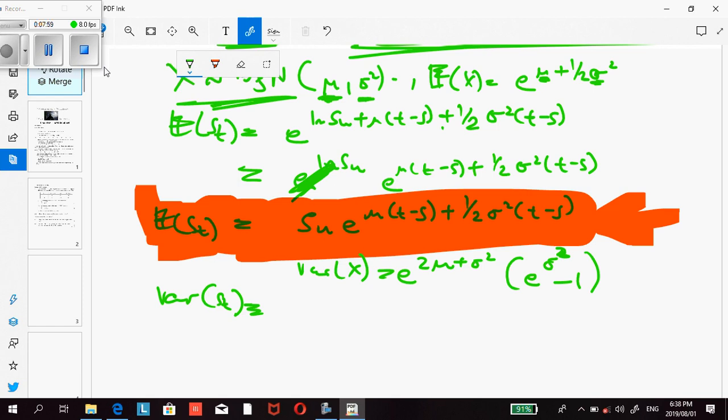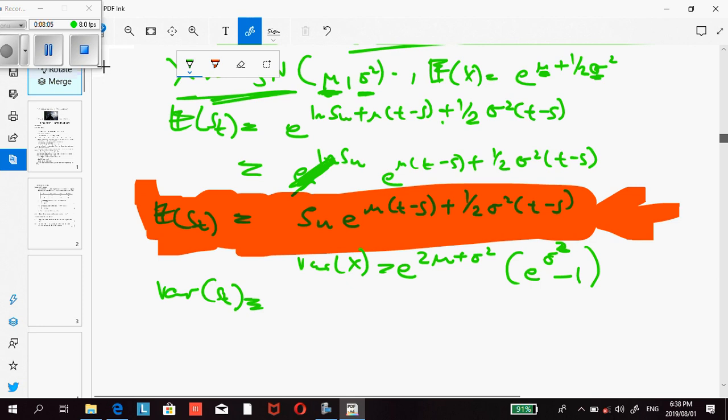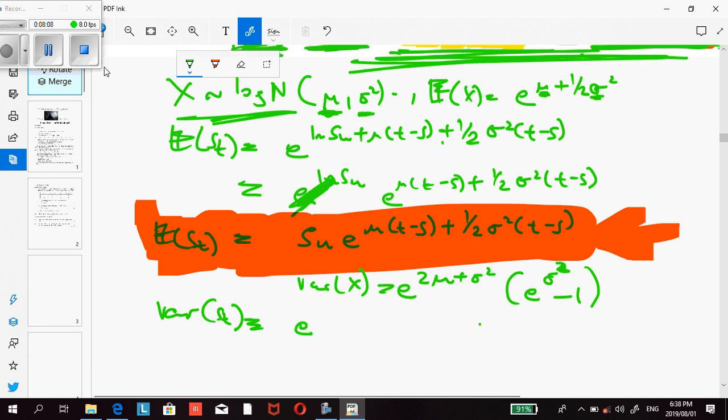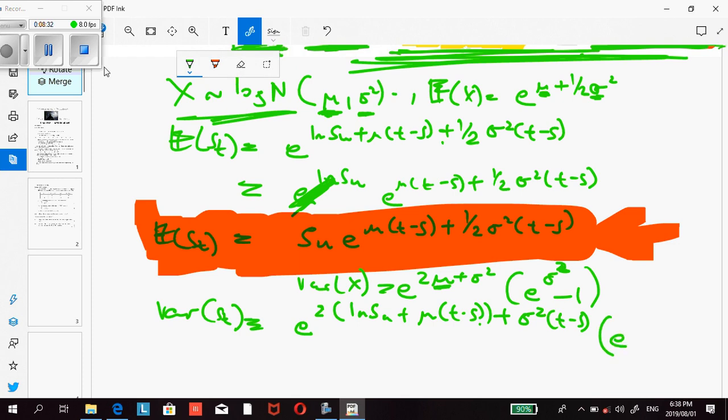So for S_t with the following parameters shown here, I'm going to have e to the power 2, your mu is the ln S_u plus mu into (t minus s), plus your sigma squared for S_t, which is sigma squared into (t minus s), into e to the power of sigma squared for the distribution of S_t, that is sigma squared into (t minus s) minus 1.